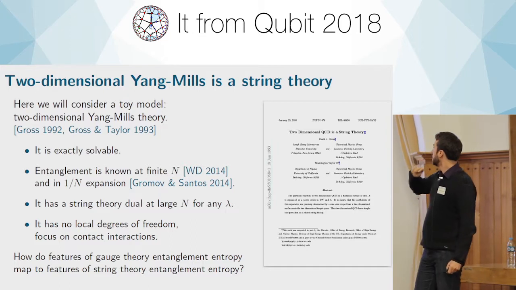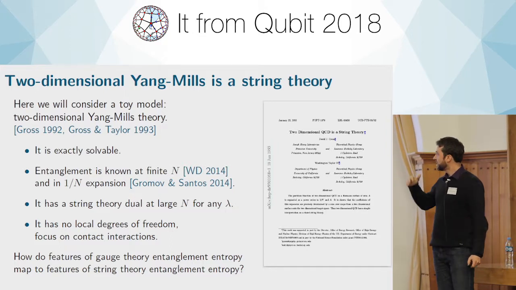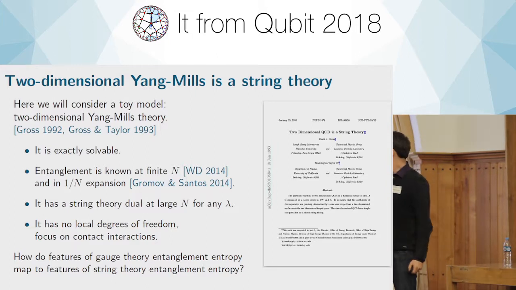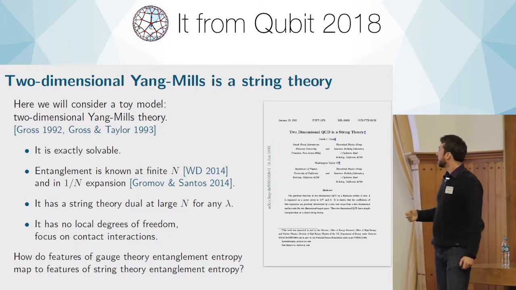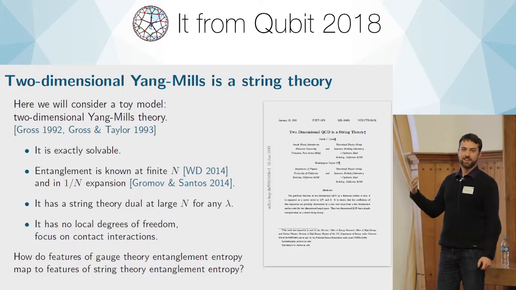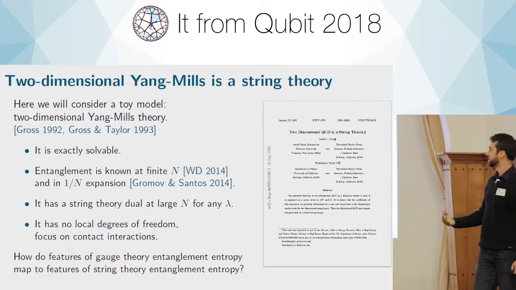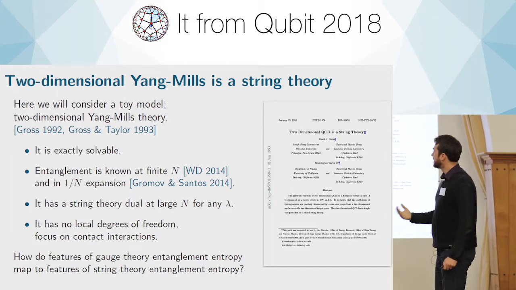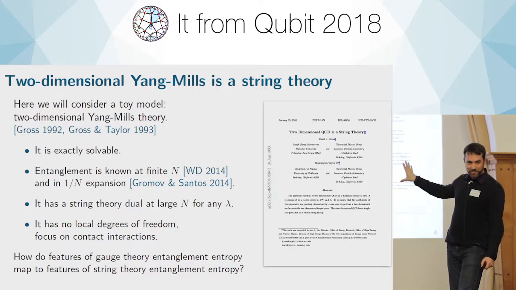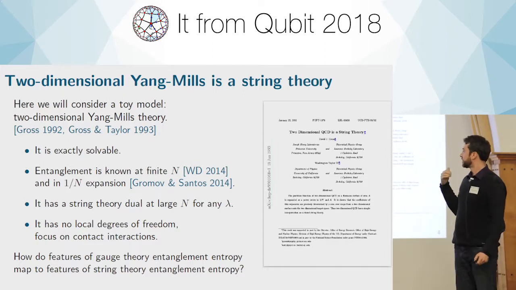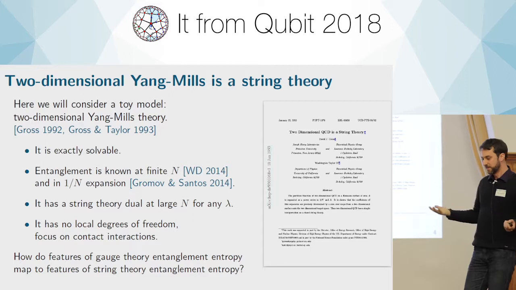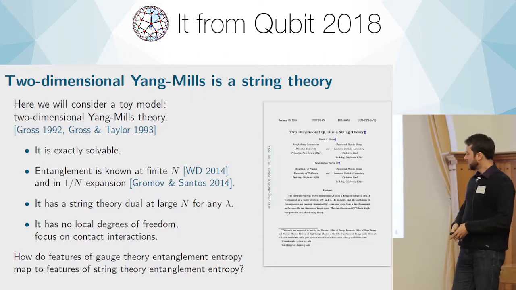It was found by Gross and Taylor in the early 90s that two-dimensional Yang-Mills actually has a string theory dual. What's nice about this as a model is, first of all, it's exactly solvable, so you can calculate essentially anything you want.